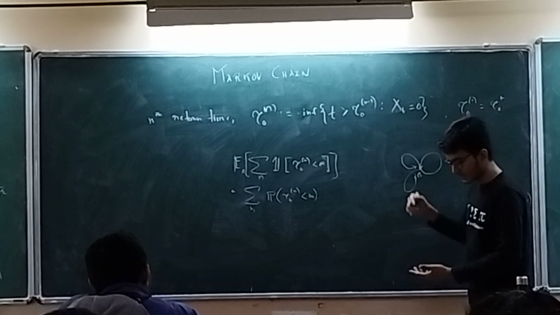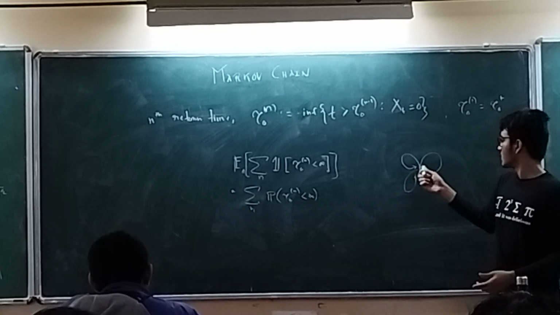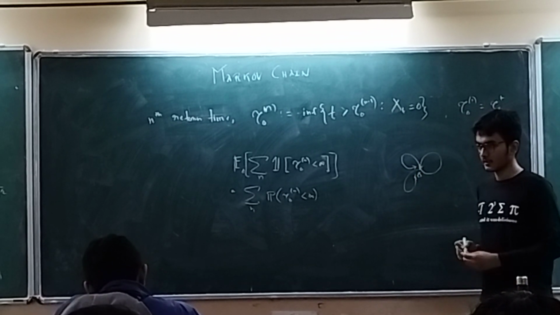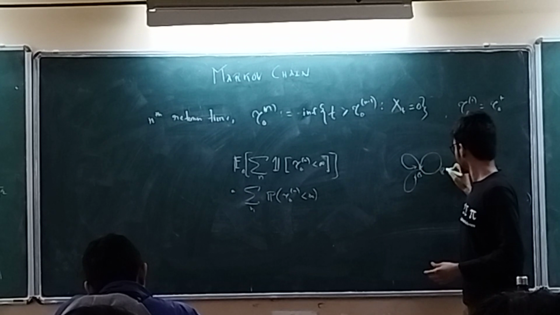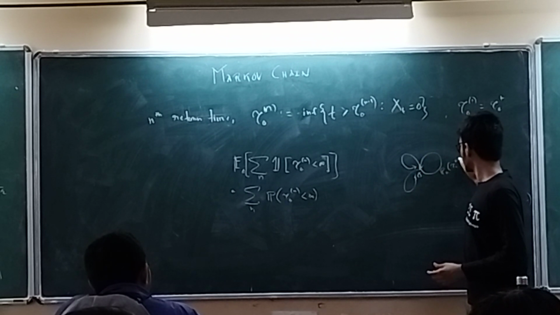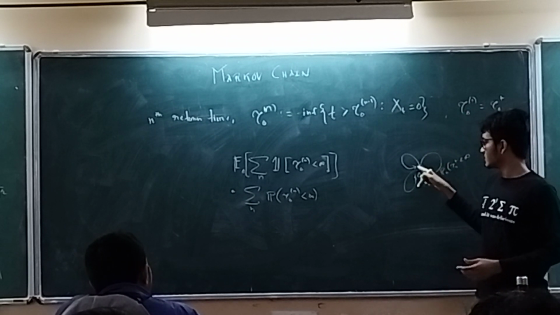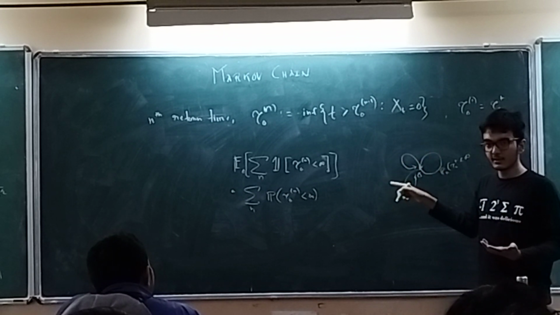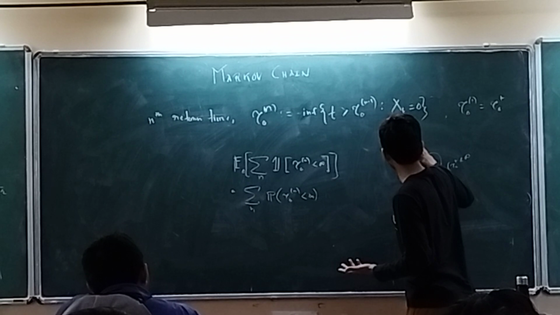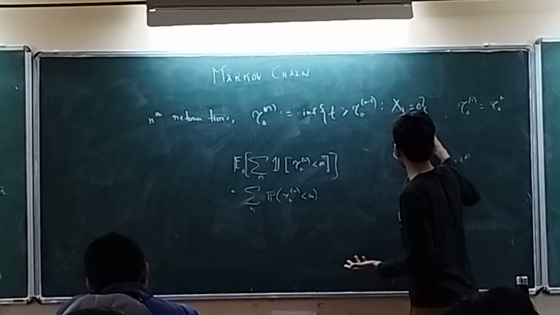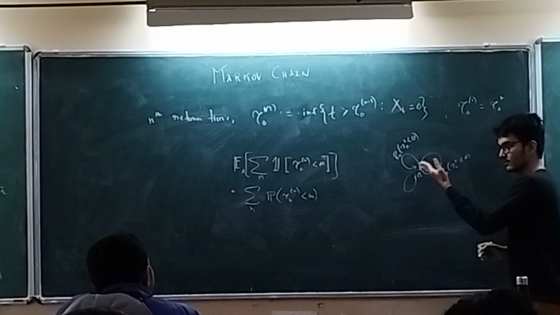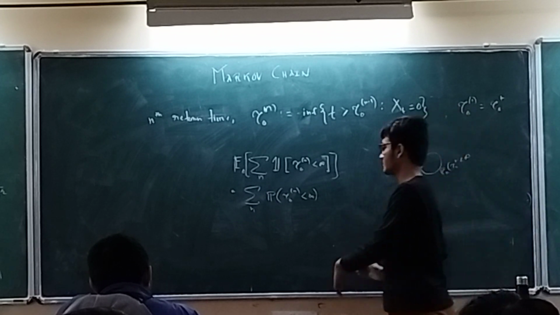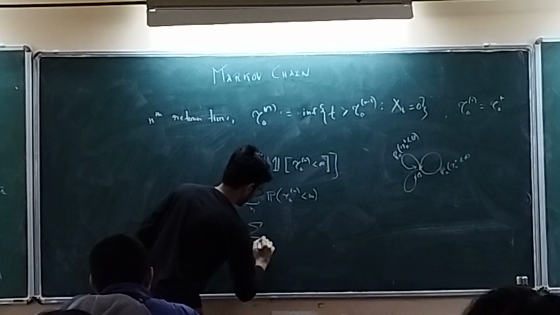The only thing that matters is that you are at 0. So the probability you will return the first time is the probability of tau 0 plus being less than infinity. And once you are at 0, you will start a new beginning. And what is the probability you will again return? That is again the probability of tau 0 plus being less than infinity. And what is the third time? Similarly. For n times, this will be just this geometric series.